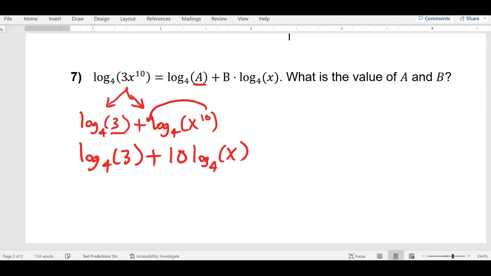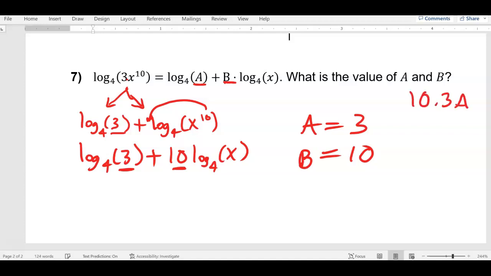Anytime you have an exponent, it pulls to the front. So I know 3 goes here, and then what's in front of my log base 4 of x? 10. A equals 3, b equals 10. Okay, this was our 10.3a and 10.3c assignments at work.